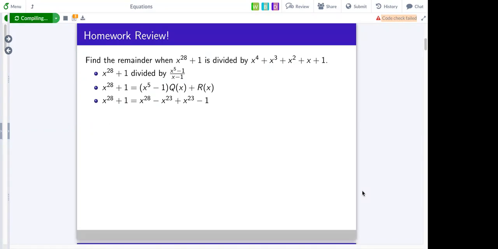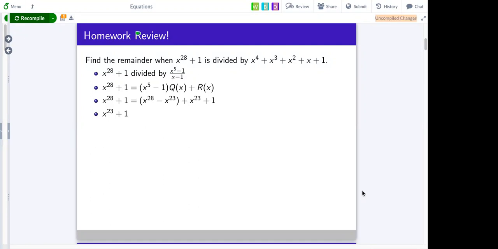And this is nice because x to the 28th minus x to the 23rd is actually divisible by x to the 5th minus 1. So now we can subtract that, and we want the remainder when x to the 23rd plus 1 is divided by x to the 5th minus 1.